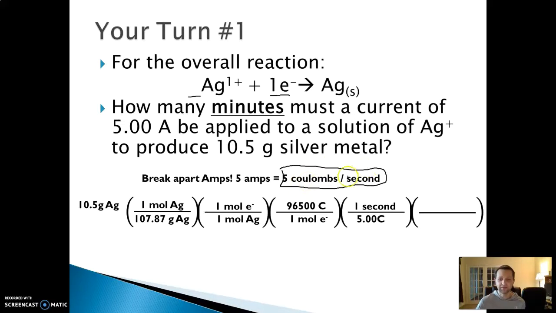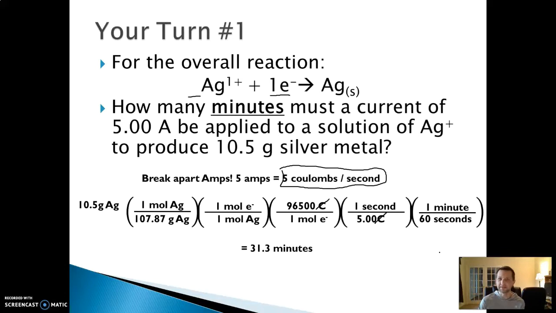Just use that as your conversion factor. 5 coulombs is equivalent to 1 second here. Like that's our relationship. So you could flip it, use it however you need to get what you want to cancel out. We're not done. We want to convert seconds into minutes, and you get 31.3 minutes. So if I want to make 10.5 grams of silver, I need to let this cell run for a little over half an hour with a current of 5 amps.